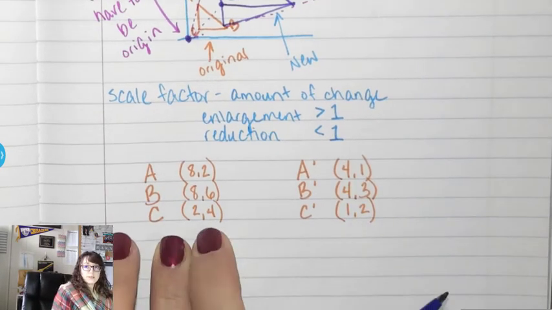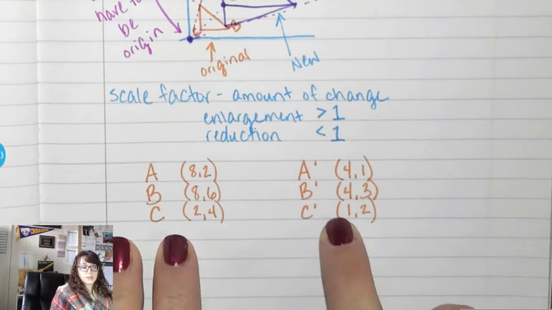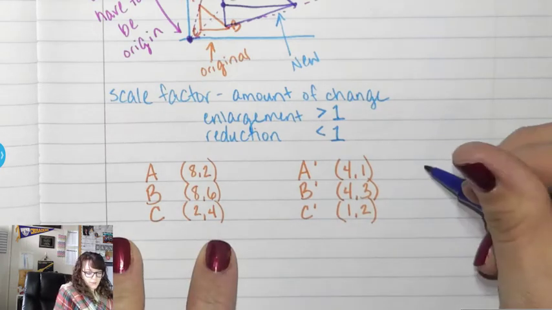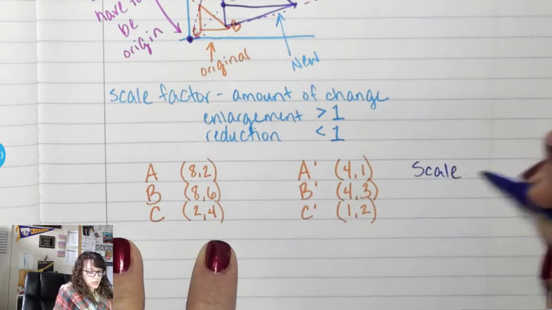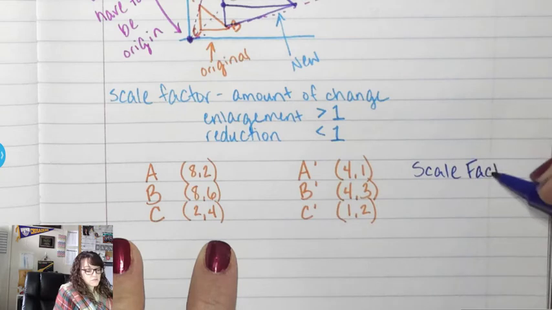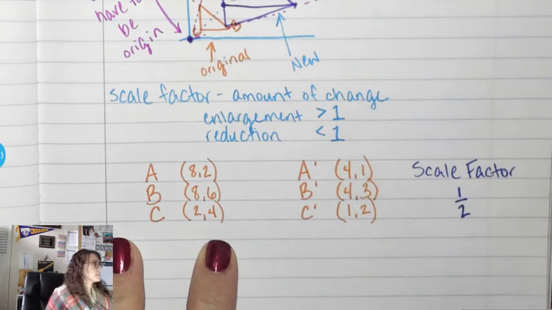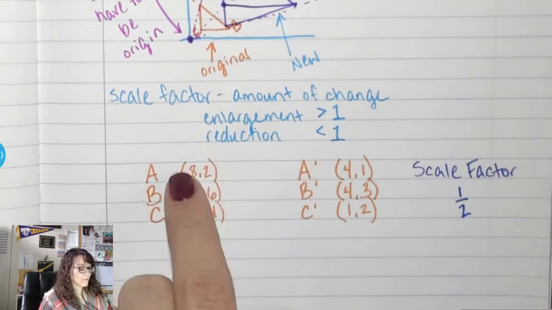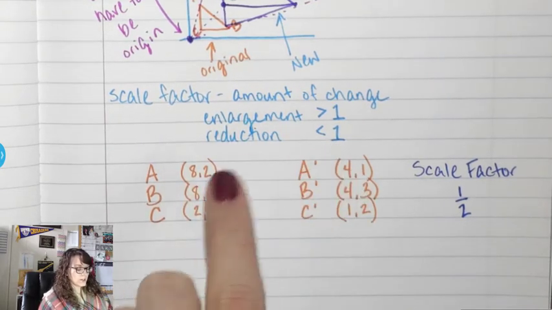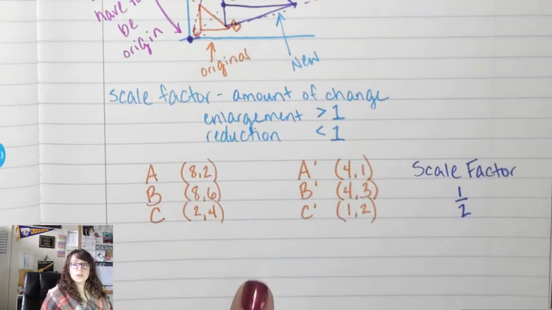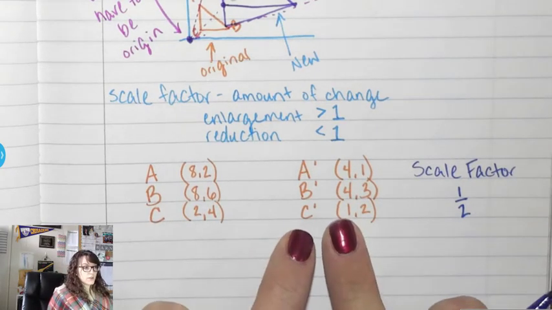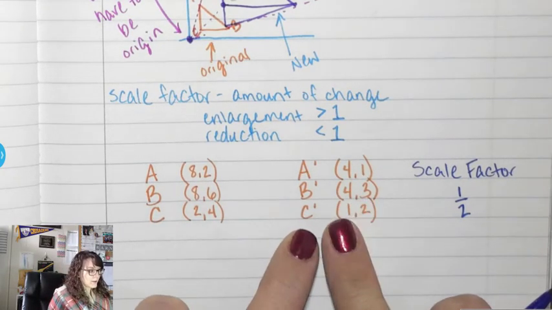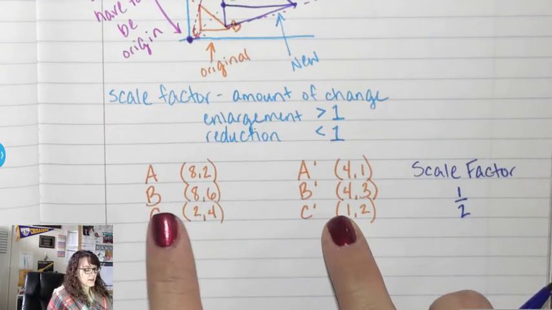So this was halved to here. So our scale factor is half. Not that y'all have to know that yet, but it's nice to be able to do it. Because 8 divided by 2 is 4, or half of 8 is 4, half of 2 is 1. So this triangle, the lengths are half the size of this one.